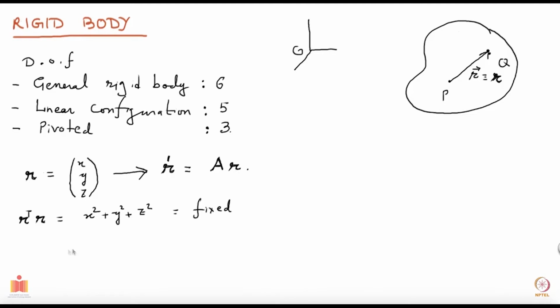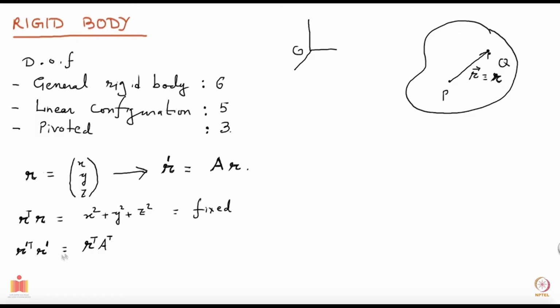But now we are saying this vector R is going to change into A R after some time. Then what is my R prime transpose R prime? Well, R prime transpose would be, I have to take the transpose of this quantity, which is R transpose A transpose, where A is the matrix.